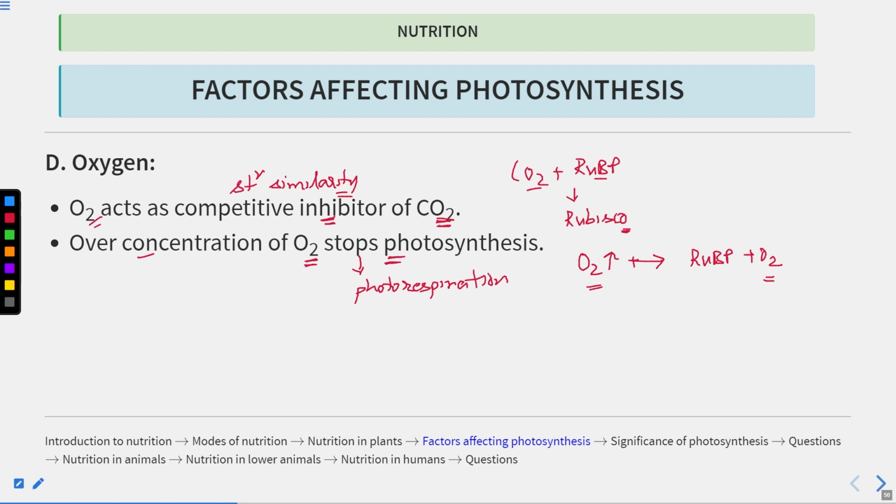Photorespiration leads to a decrease in the photosynthetic rate, and it happens when the level of oxygen is very high. In this case, Rubisco binds to oxygen instead of carbon dioxide. So Rubisco has two activities: one is oxygenase activity, the other is carboxylase activity.